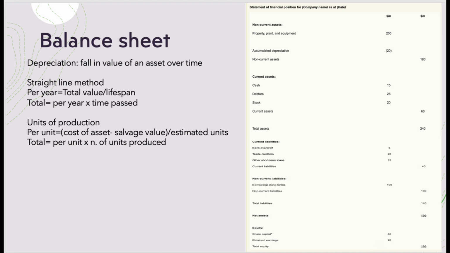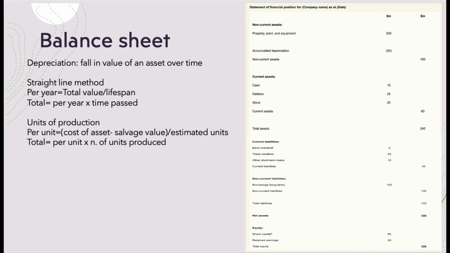Then, after we have total assets and total liabilities, we do assets minus liabilities in order to get net assets. And once again, after that, we have equity, which is share capital, retained earnings, and the total equity must equal the net assets. Once again, that is essential to make sure that you've done everything correctly.